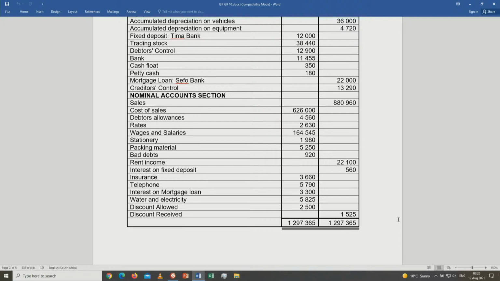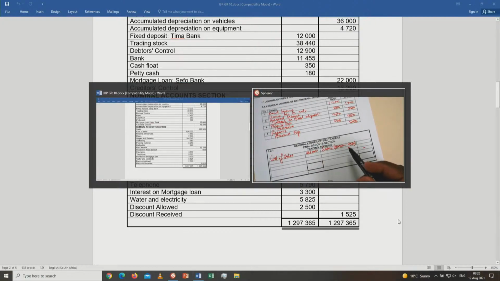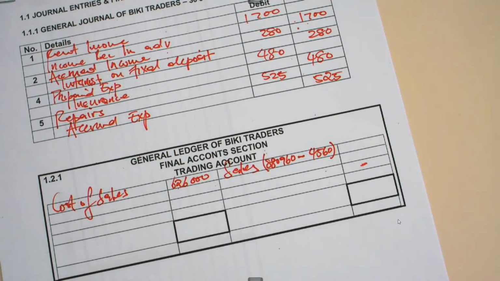So hence we decrease our sales account. Hence we subtract debtors allowances from our sales account. That 4,560 is the returns from our debtors.